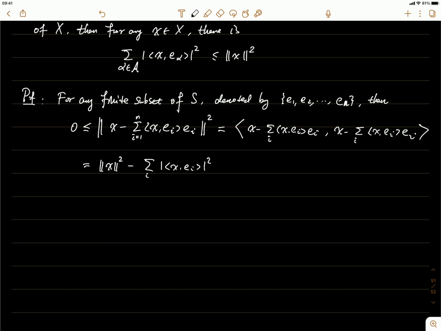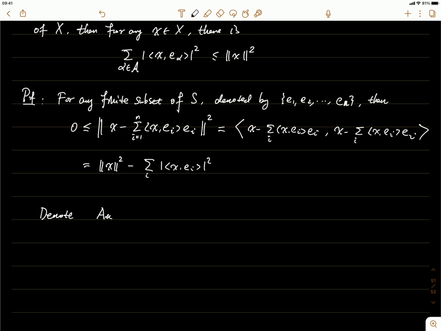But as I mentioned earlier, I want to show you that there are at most countably many of these e_i that could make this coefficient non-zero. Okay, then why is that? Let's consider the set, say A_k.